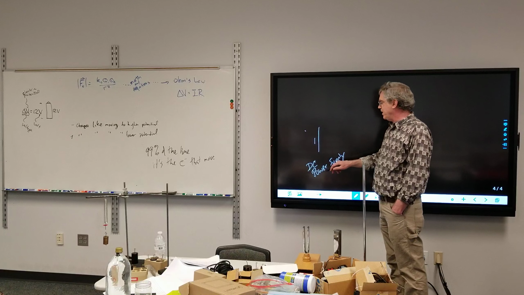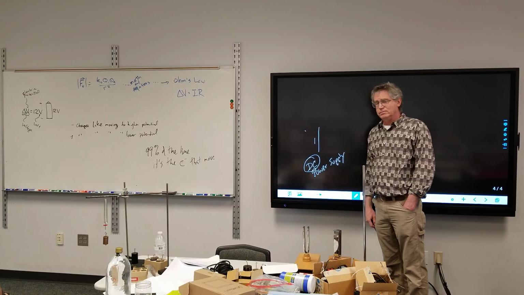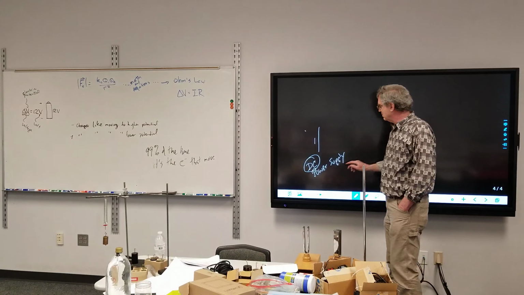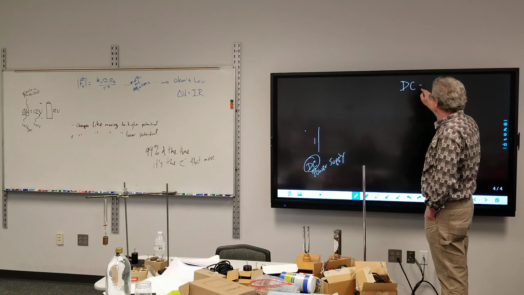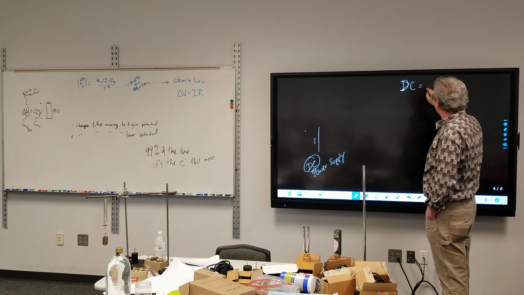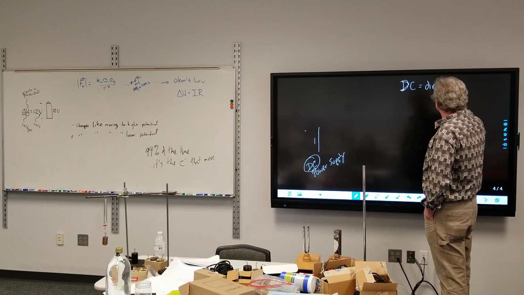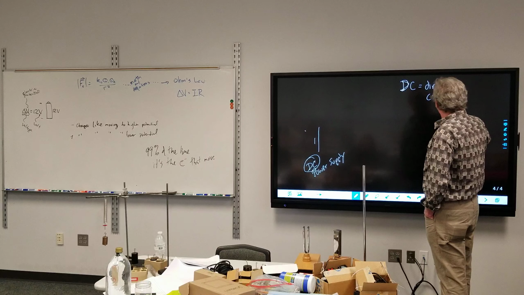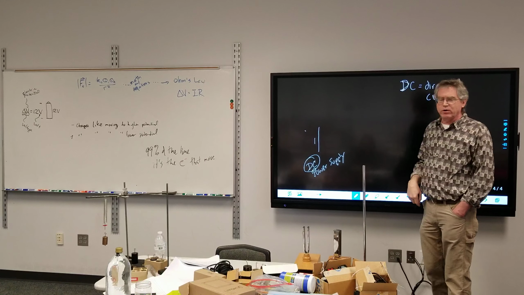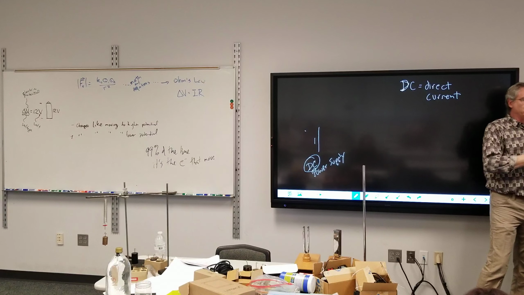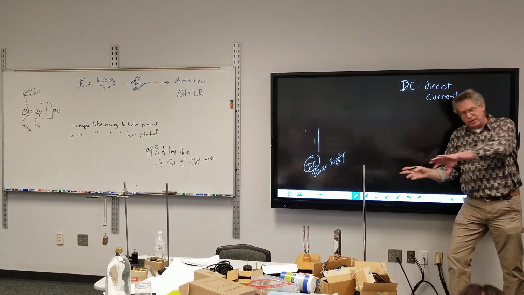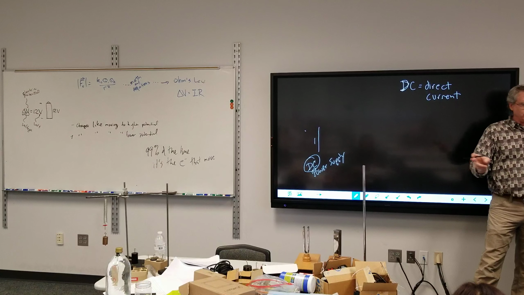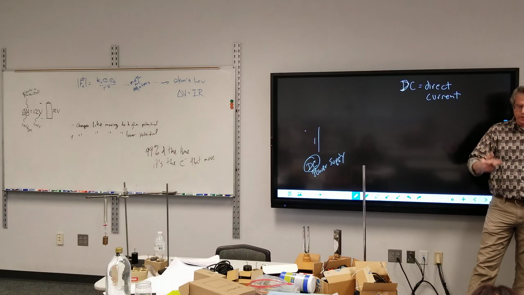So this is a DC power supply. So first off, DC, direct current. There's a D there. In direct current, the drift velocity, or drift speed, is always in the same general direction.